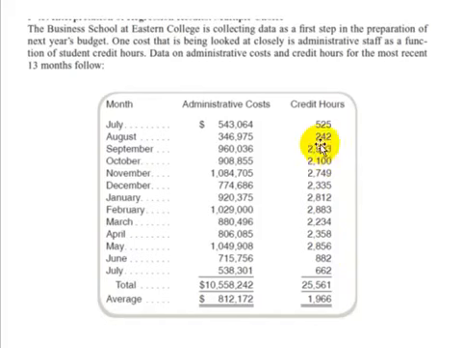This is the high level of X, the high level of activity, the high level of the independent variable, and its cost is 960,036. The low level, or the low limit, is 242, and its cost is 346,975.